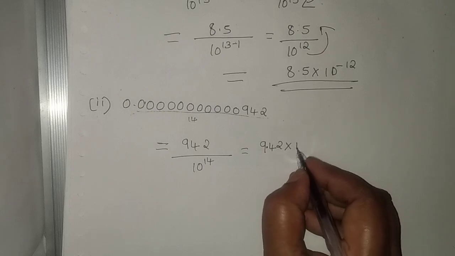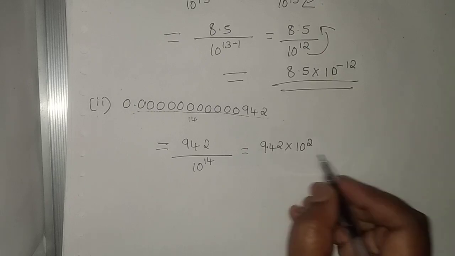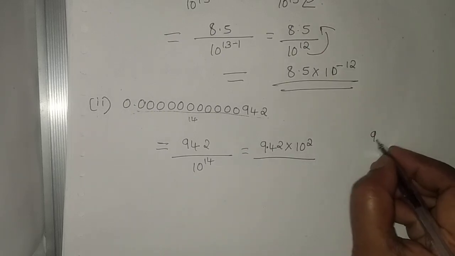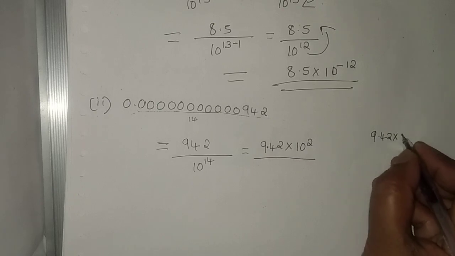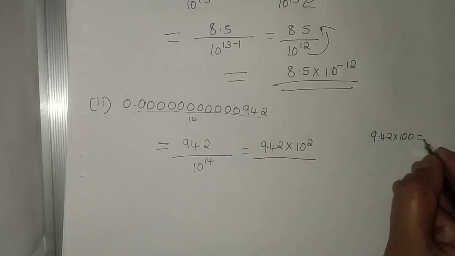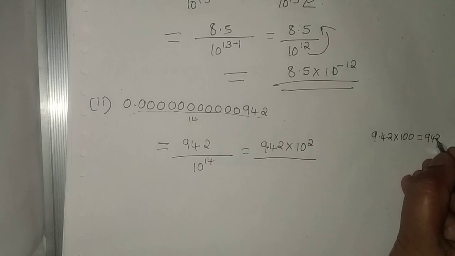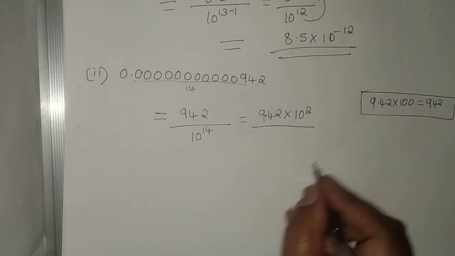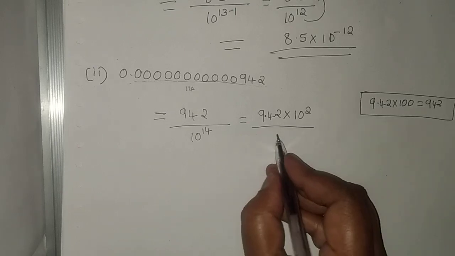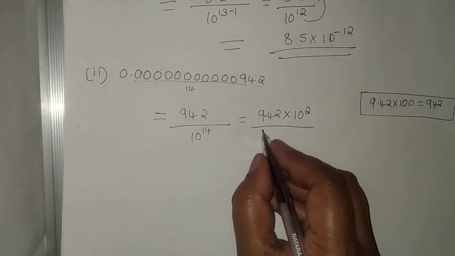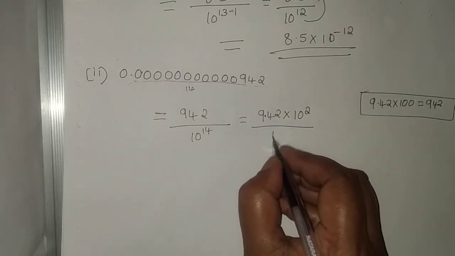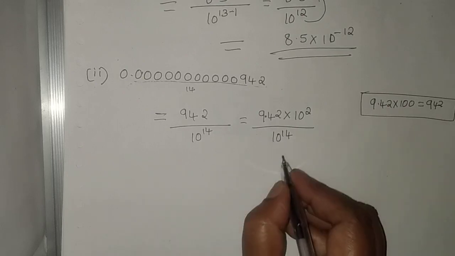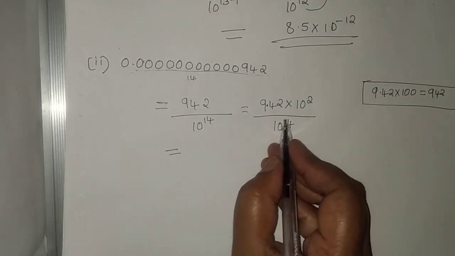You can write it as 10 square. So 9.42 into 100, or 10 square, is equal to 942. Both are same. Or this can be written as 9.42 into 10 square over 10 power 14.